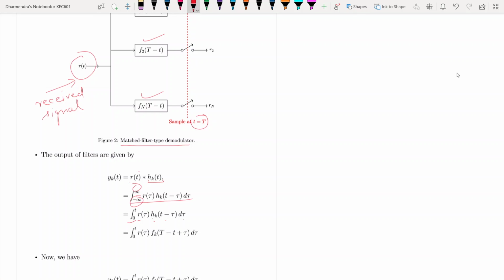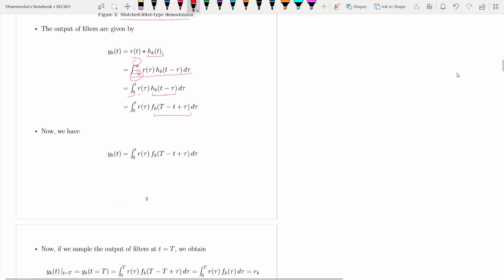So now the output of the kth matched filter can be written like this.